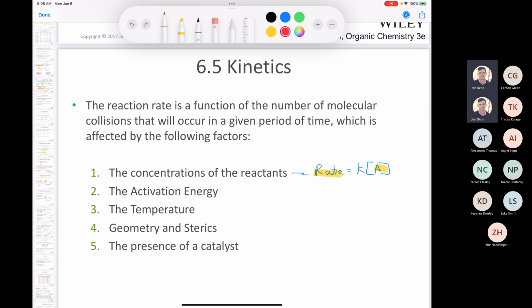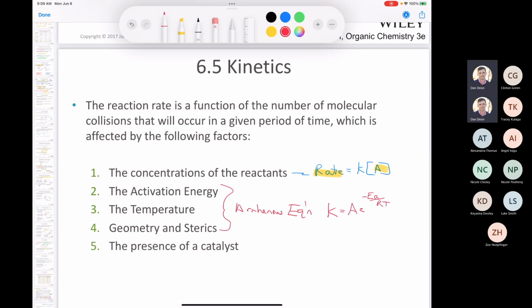What about activation energy, temperature, geometry, and sterics? I don't know if you remember the Arrhenius equation, which you would have seen in general chemistry too: k, our rate constant, is equal to A, the pre-exponential factor, multiplied by e to the power of negative Ea over RT.